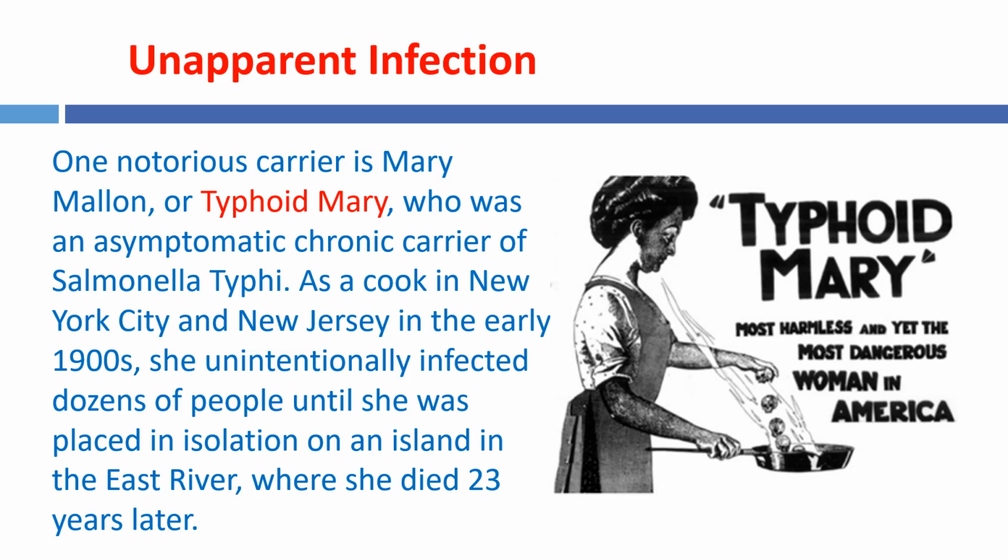As a cook in New York City and New Jersey in the early 1900s, she unintentionally infected dozens of people until she was discovered, and then she was placed in isolation on an island in the East River, where she died 23 years later.